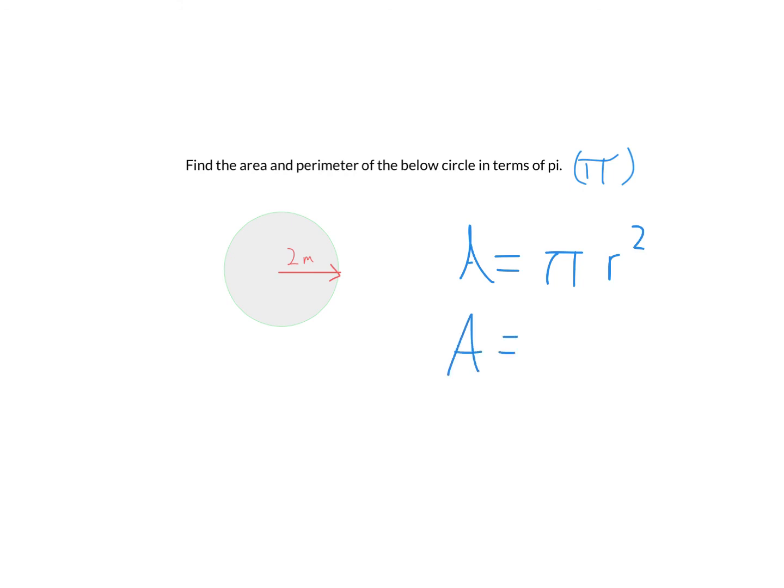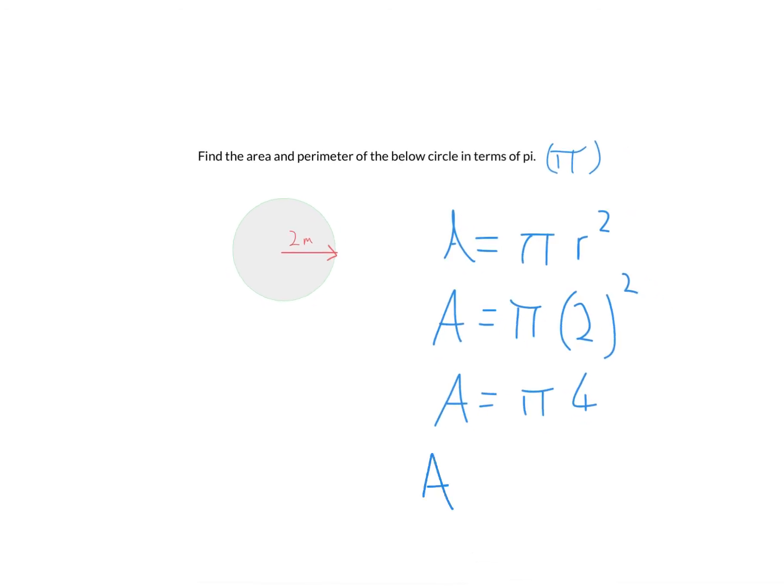Then we sub it in, but because they want us to leave it in terms of pi, we just leave pi as pi. And the radius here, we do sub in, so that's 2 squared. Again, we just square our 2 first of all. 2 squared is 4. So the area then is pi multiplied by 4, which we more commonly write as 4 pi.